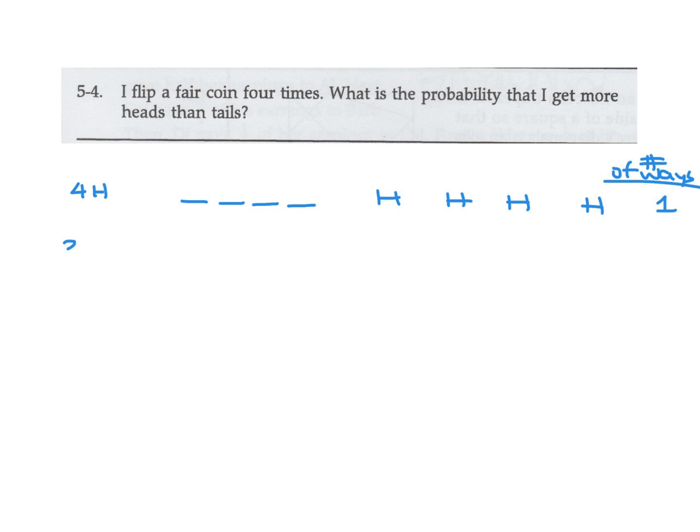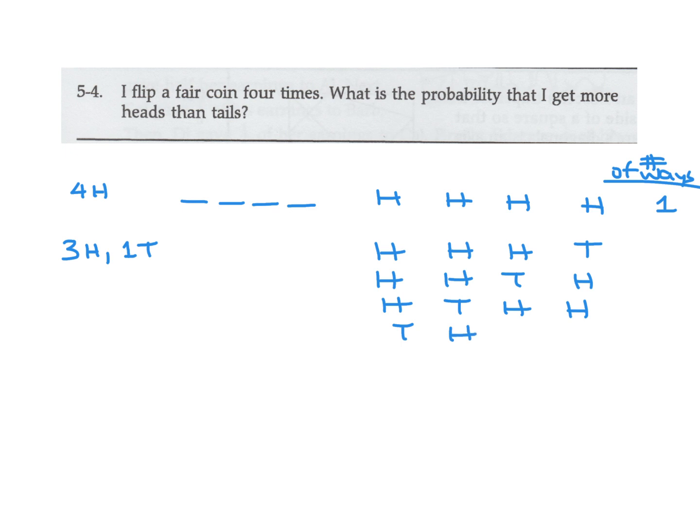Then you have a 3H and 1T scenario. 3 heads and 1 tails. So you're going to have this, where the tail is last, or where the tail is the third flip, or the tail is the second flip, or the tail is the first flip. And as you can see, that is 4 ways of doing that. 4 ways of that scenario.